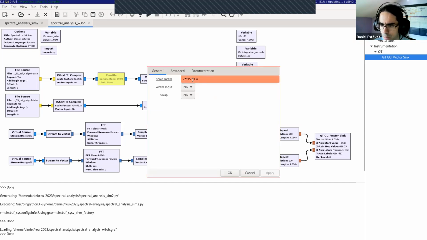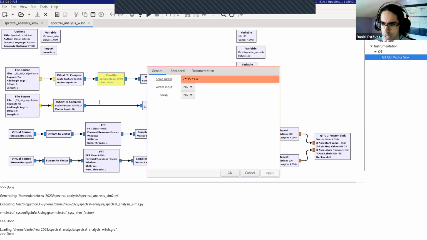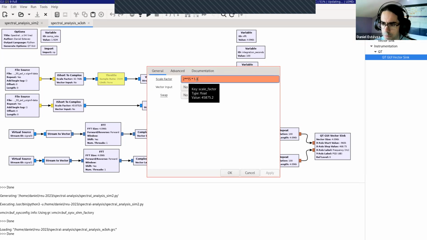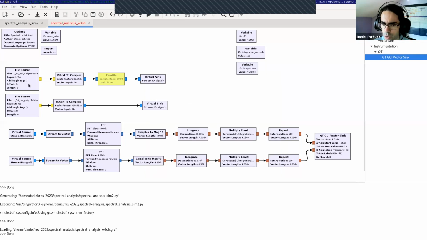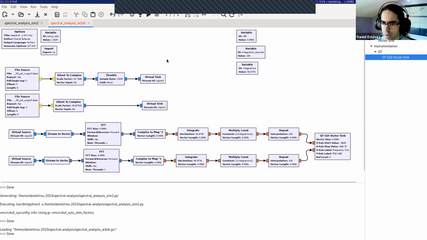And in here, I'm cheating a little bit because the gains of the two channels of the telescope were not the same. So I'm introducing here a factor 1.4 to make them have almost the same gain and basically to make the plot nicer. I also have a throttle block and I have multiplied this by 100. So this will process 100 times faster than real time.